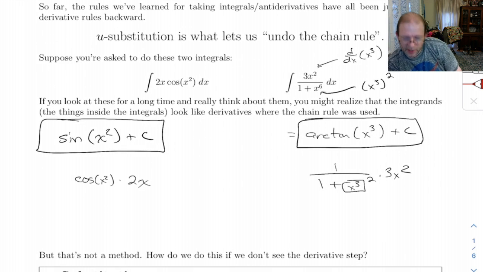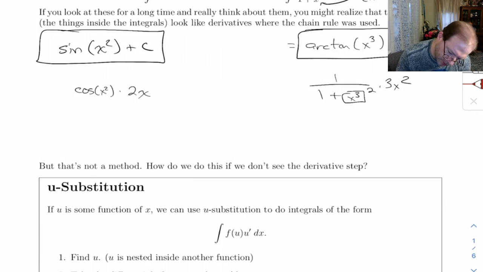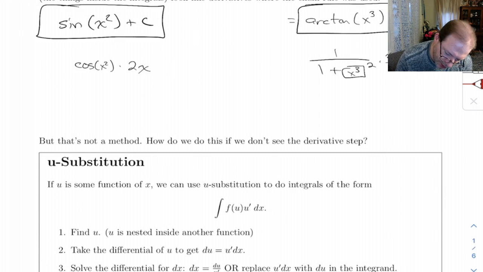But as I say right here, that's not a method. What we need is a method for dealing with these kinds of problems. So let's talk about u-sub. U is a function of x, and u-substitution lets us do integrals of this form here: f of u times u prime. And I probably should have thrown a little constant in here as well.